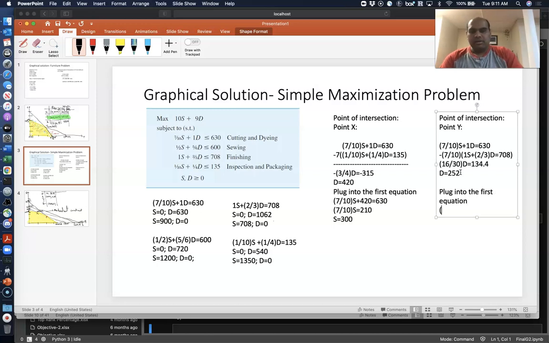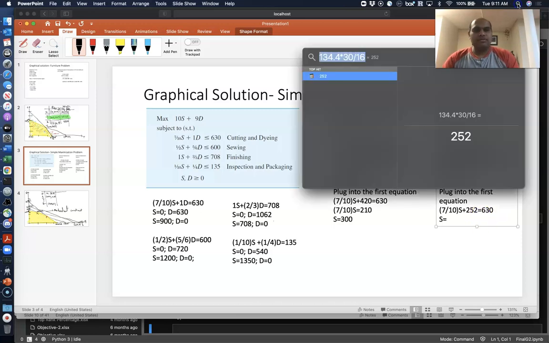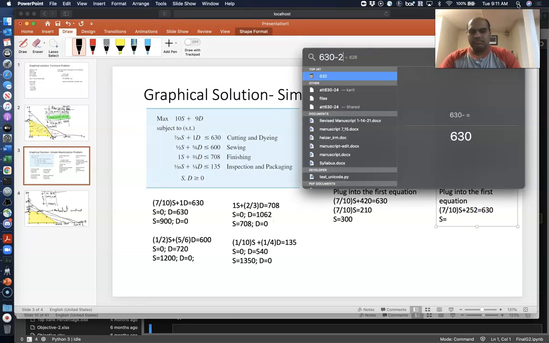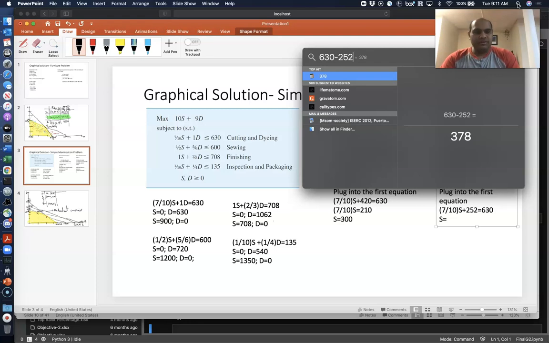We get 7 over 10 times s plus d, which is 252, is equal to 630. So if I solve for s, 630 minus 252 is 378.